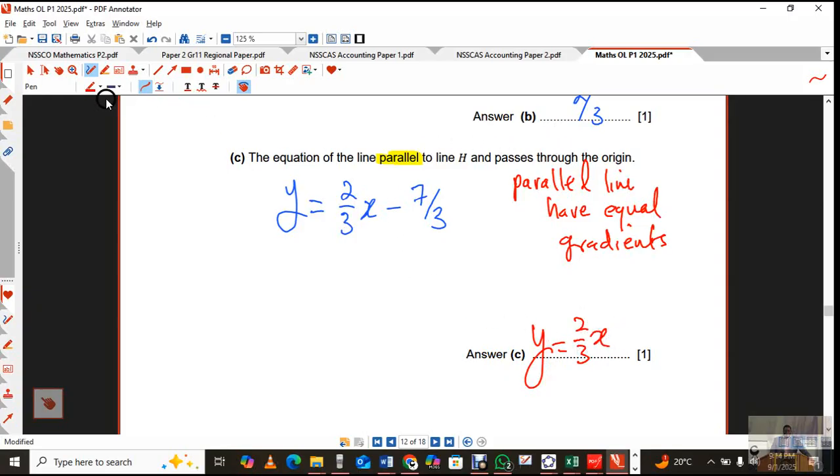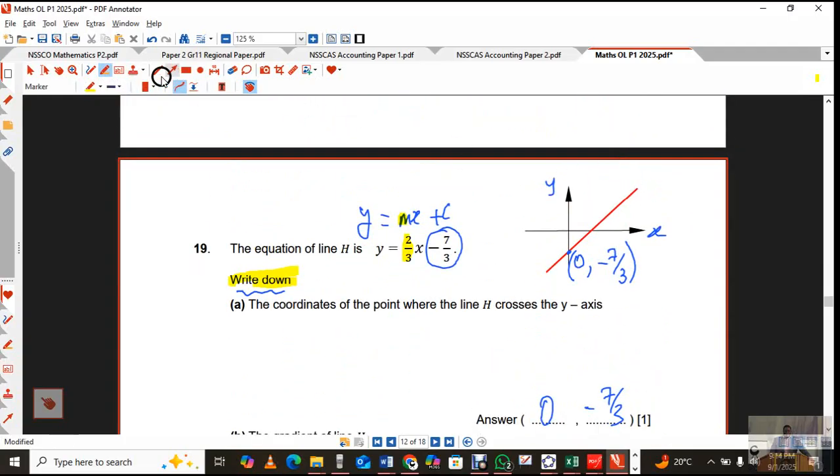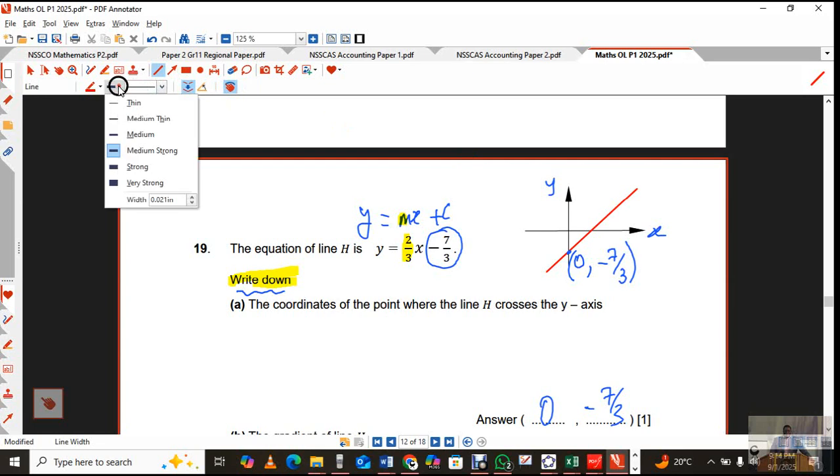But what else do I know? The line crosses the origin. So at the origin, the value of y is just going to be 0. So this line that they are talking about is going to be parallel. It will go like this.